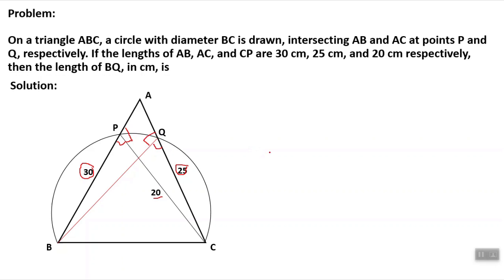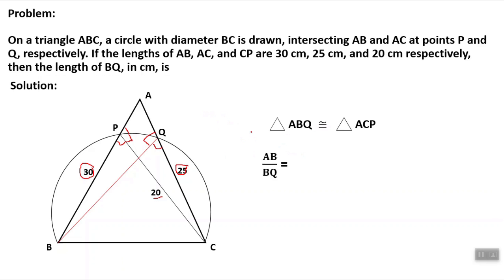Now, do you realize that there are similar triangles in the figure? For example, if you look at ABQ, it's a right angle triangle, and there is another right angle triangle which is ACP. Both are right angle, both share another angle A, and therefore they are similar to each other. If they are similar, by employing the similarity principle, the ratio of the corresponding sides is the same.